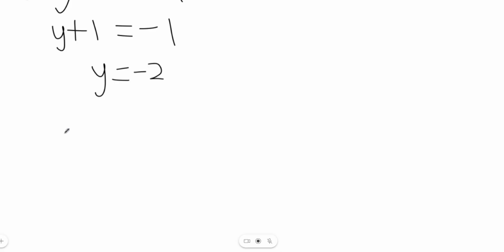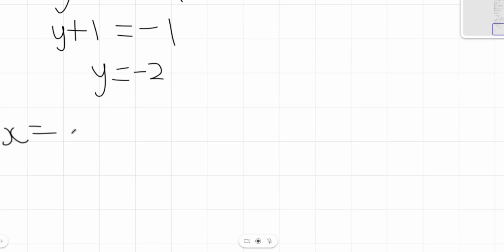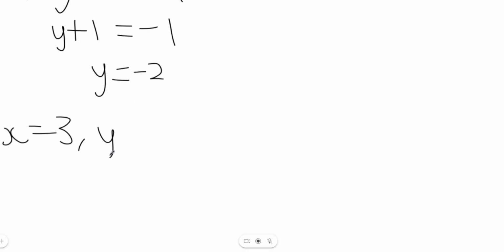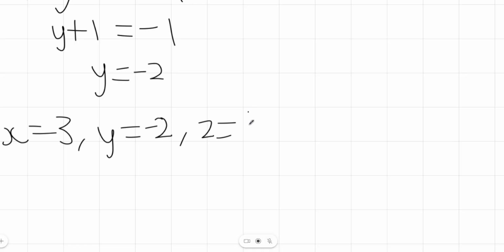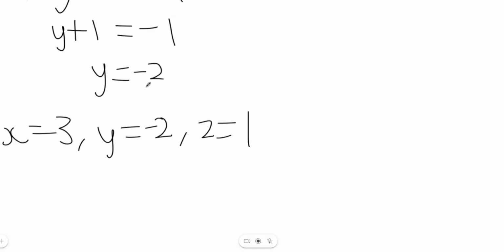You can choose not to if you don't want to waste time, but I usually do this during exams. So I take the value of x first, x equals 3, then y equals negative 2, z equals 1. And there you have it. You have solved the simultaneous equations.